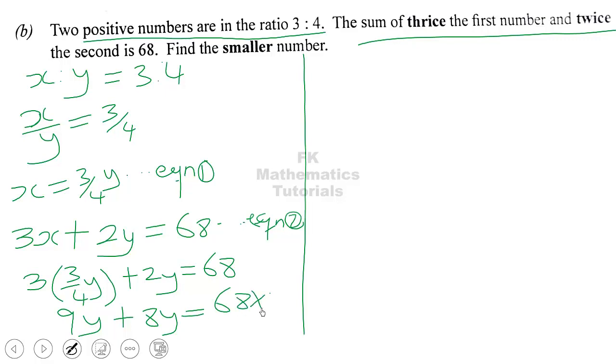9y plus 8y is equal to 68 times 4. So 17y is equal to 68 times 4. So we will divide both sides by 17.